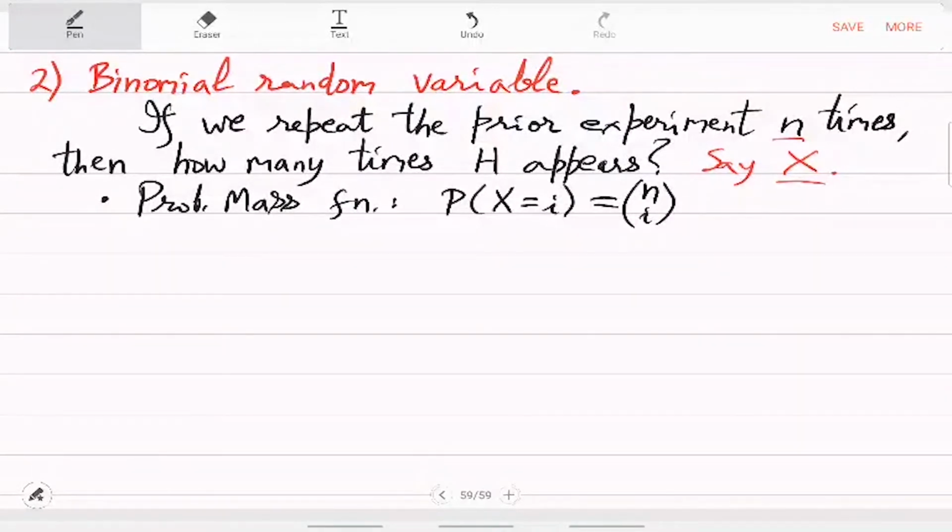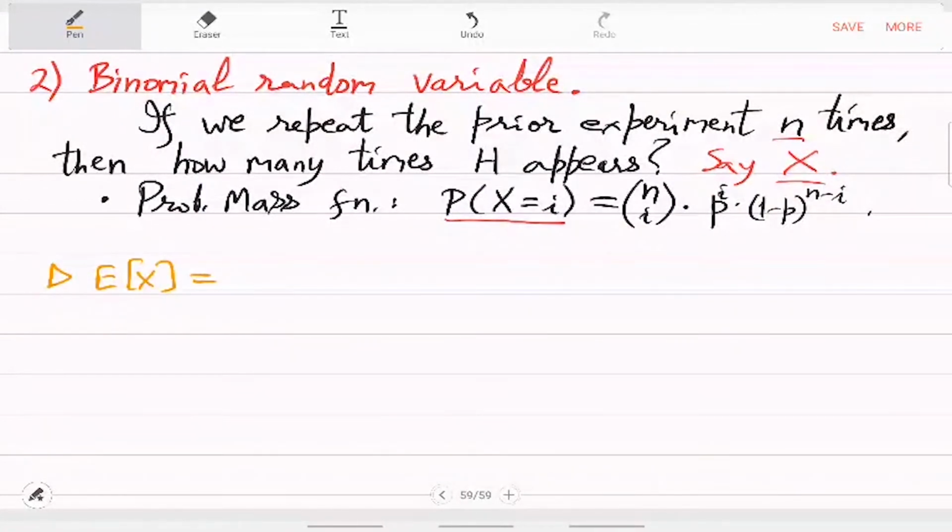So that is n choose i many ways, and each time the probability associated is p raised to i times 1 minus p raised to n minus i, right. So that is the mass function, and based on this you get the expectation.